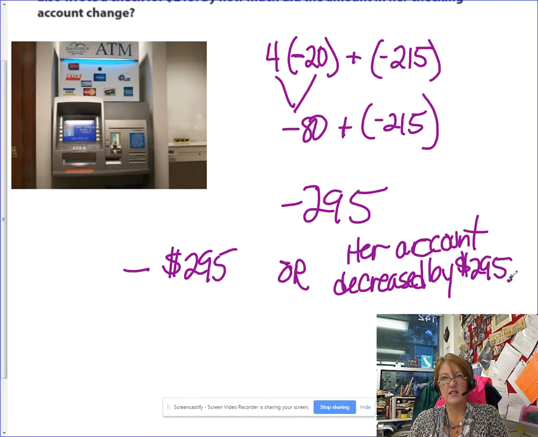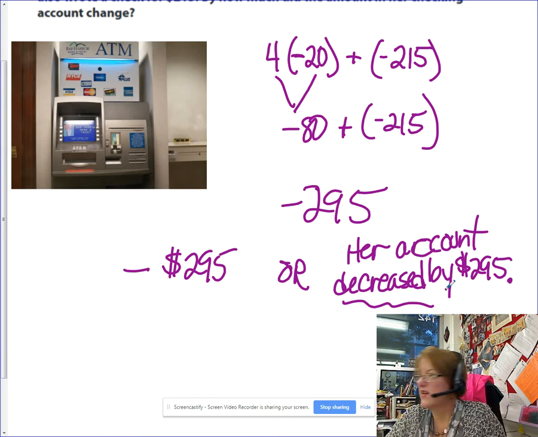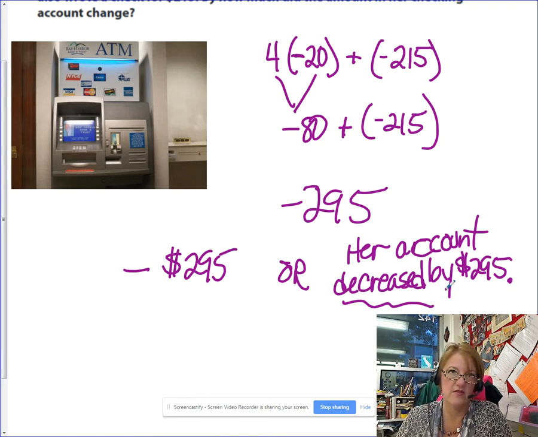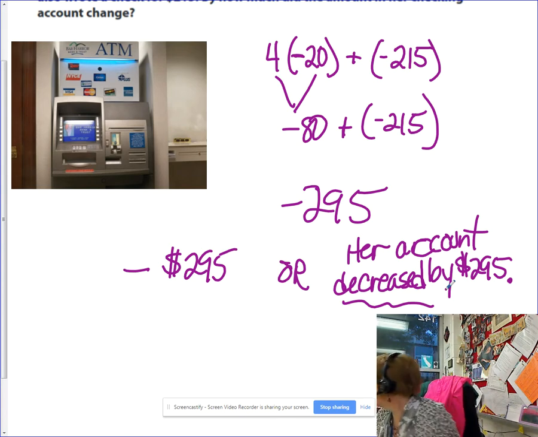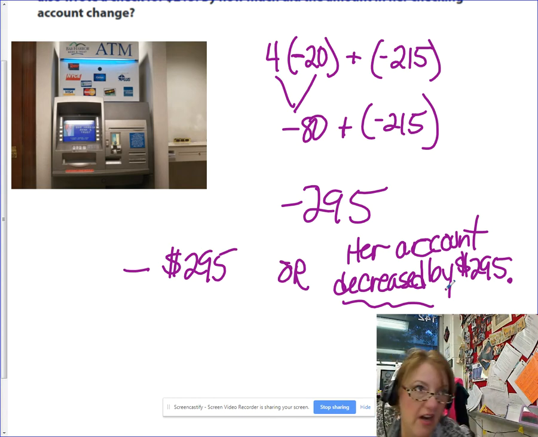Now notice I didn't use a negative sign here because I used the word decreased. Okay, you have to decide which way makes sense for you, or which way the directions are asking.